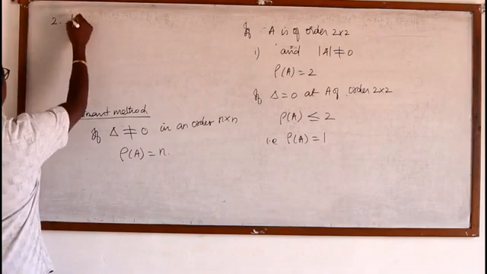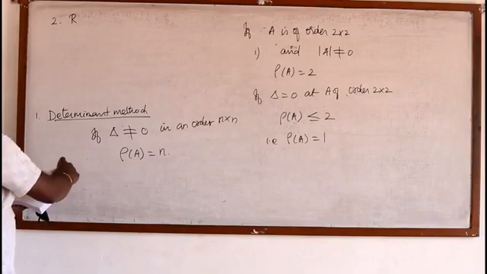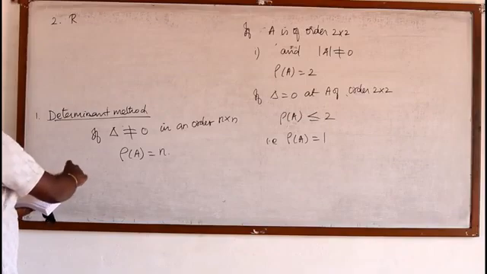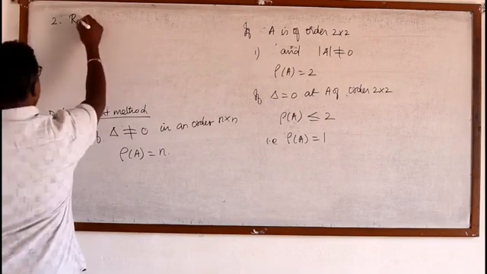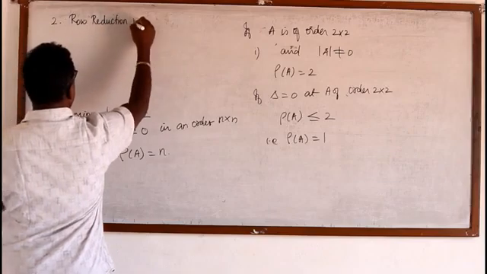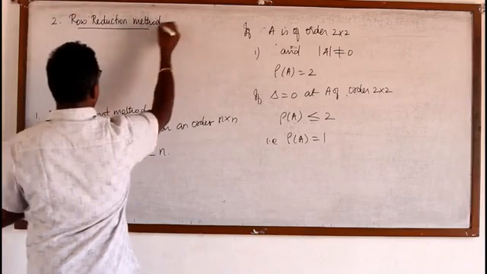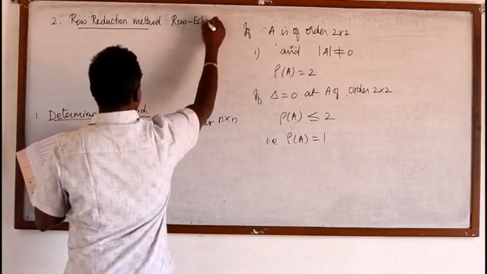Method 2, type 2, is the row reduction method, or row echelon form.